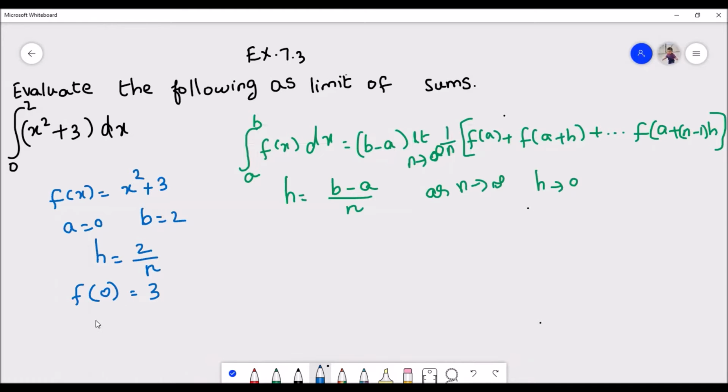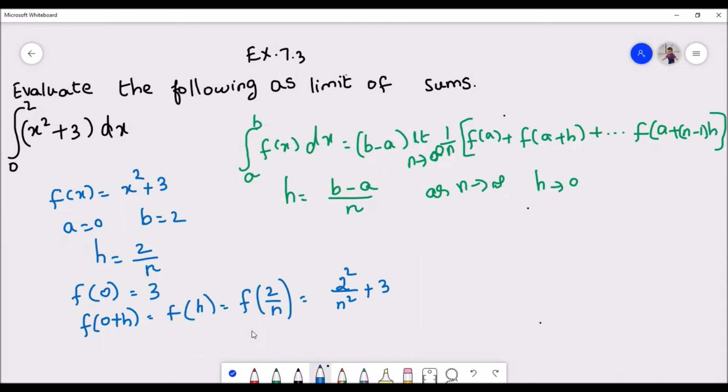Next, we have f of a plus h, that is f of 0 plus h, which is equal to f of h. So h is 2 by n for us, which is equal to f of 2 by n. F of 2 by n is 2 by n whole square plus 3. Let me write it as 2 square divided by n square plus 3.